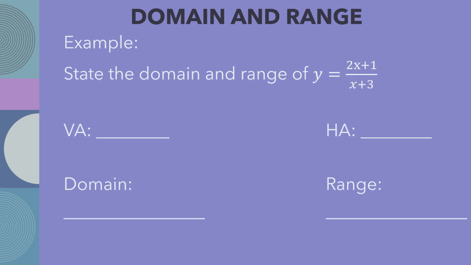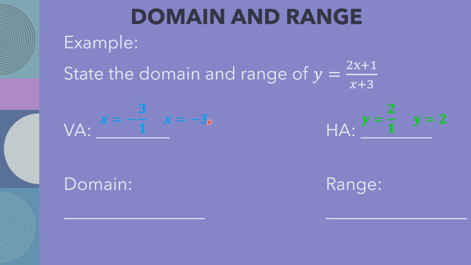Here's our example. Again, the same function, y equals 2x plus 1 over x plus 3. When we determined the vertical asymptote, we set the denominator equal to 0, or did the opposite of d over c to give us x equaling -3. We then determined our horizontal asymptote by doing the coefficients of the x terms because they have the same degree. So 2 over 1 gave us y equaling 2.